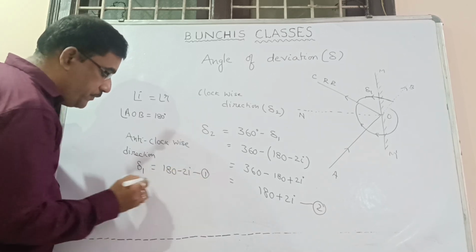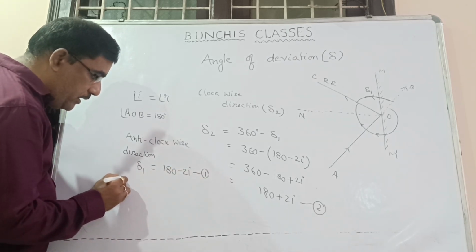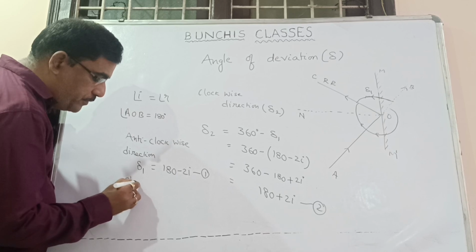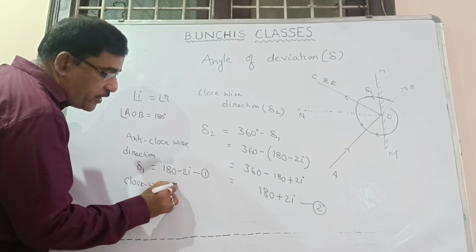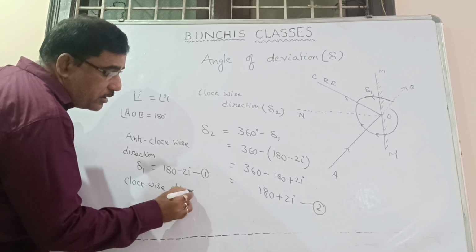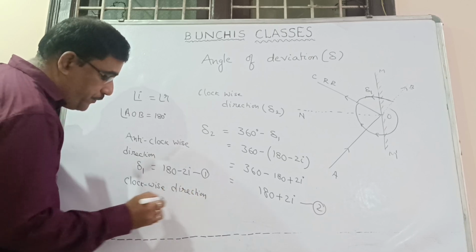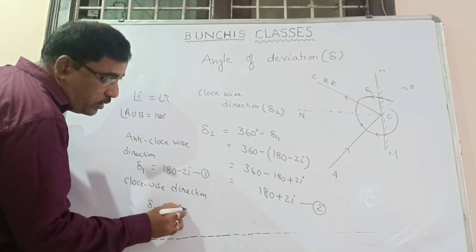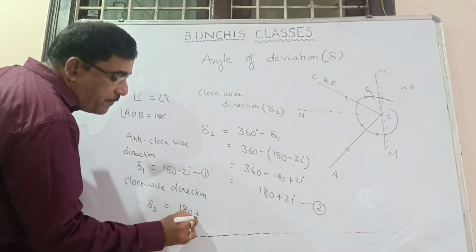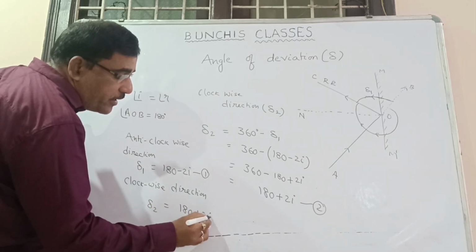This is number 1. The angle of deviation in the clockwise direction is delta 2, which is equal to 180 plus 2i.